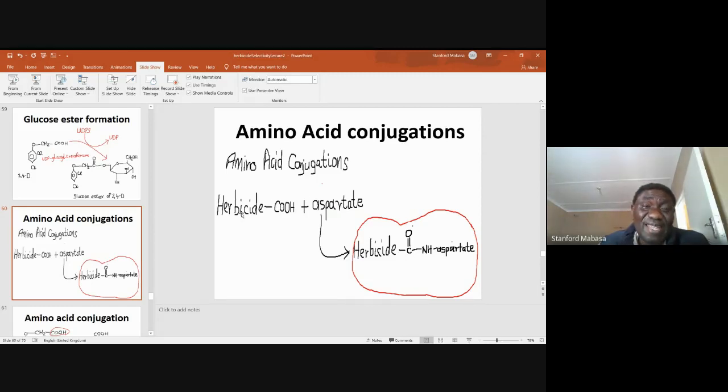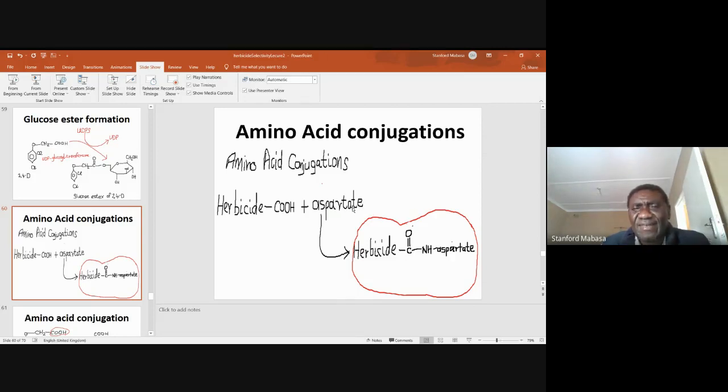Also remember that herbicides carrying this acid are products of phase 1 under the influence of cytochrome P450. Then in phase 2, they are undergoing further changes via aspartate.